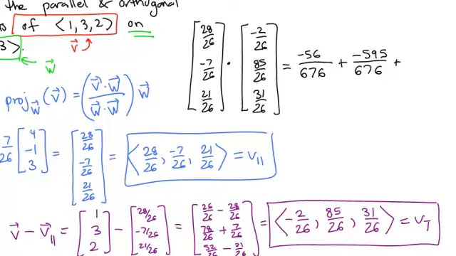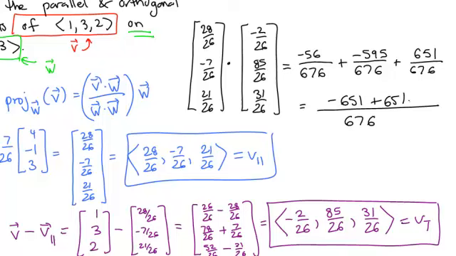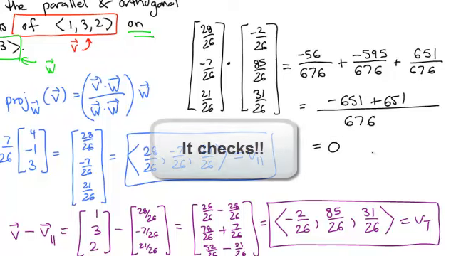Finally, we'll take 21/26 times 31/26. So the bottom is 676. The numerator, 21 times 31, is 651. So since all these have a common denominator of 676, negative 56 minus 595 is negative 651, plus 651, which gives us a grand total of 0. So in fact, the parallel part and the orthogonal part are orthogonal after all.